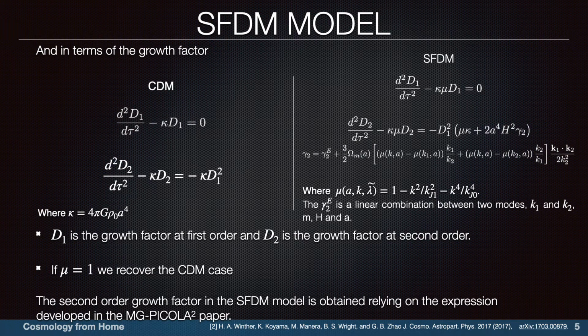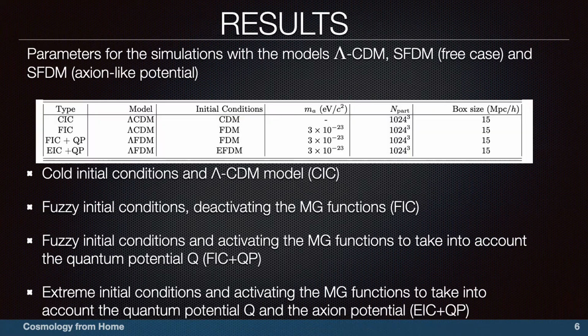For the second order growth factor, we can recover the cold dark matter case if we make γ2 equal to 0. These equations are implemented in a really easy way into the code.